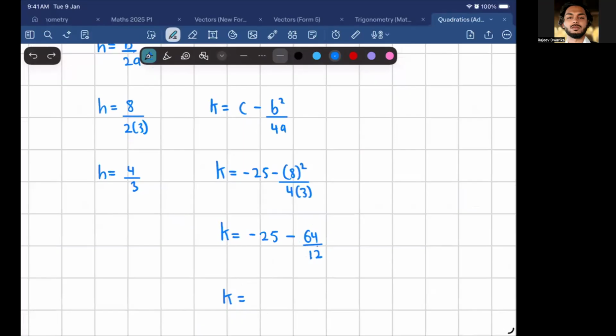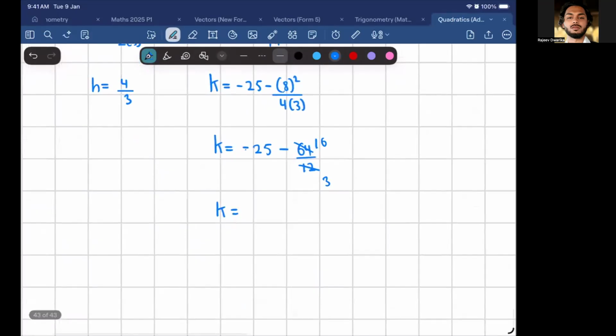Say divide by 4. Wait there. 4 into 12 is 3. 4 into 64 is 16. Did you say 16 over 3? No, I said 32 over 6. Oh, I just went one step further. Okay. So you're gonna put minus 25 minus 16 over 3.